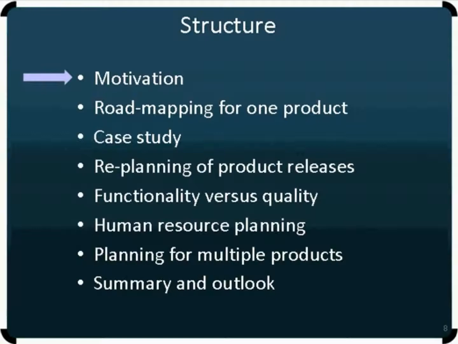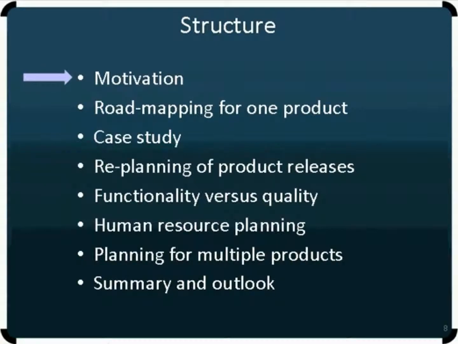I look also in more depth into the human resource planning side to some extent, and finally giving some outlook for planning even of multiple products. So that is the program we have here for this roughly 1 hour we are working together.